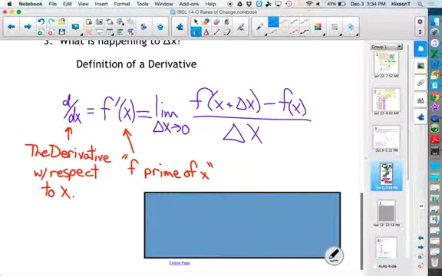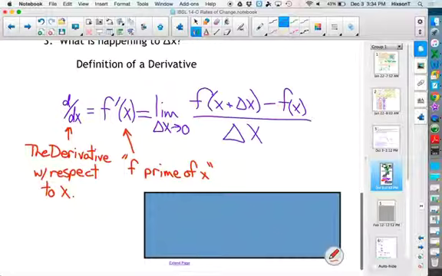There are 2 basic notations for the derivative. You have the derivative with respect to x, which you would read as d over dx, and then you have the prime notation, f prime of x. You need to be familiar with both.